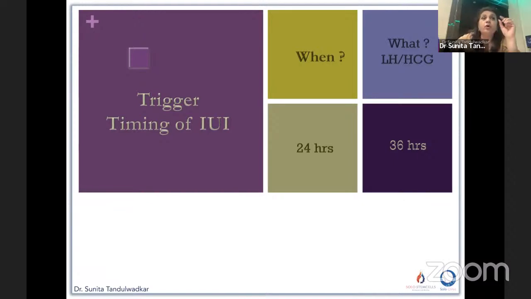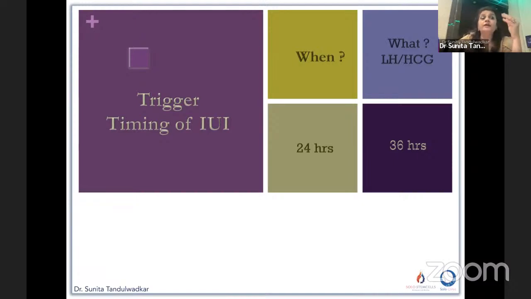Believe me, the quantity of the semen sample may be less, the volume. Instead of 4 cc, they may give 1 cc at the time of an IUI, but the count will not be low. Nowadays, even in ART cycles, we keep the abstinence of 1 hour only.